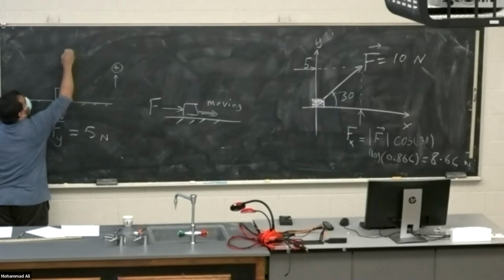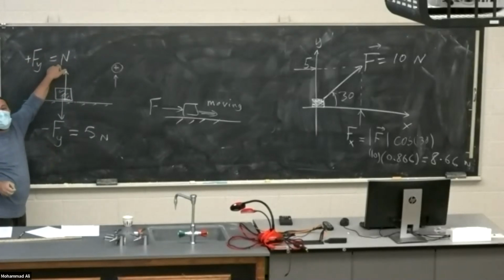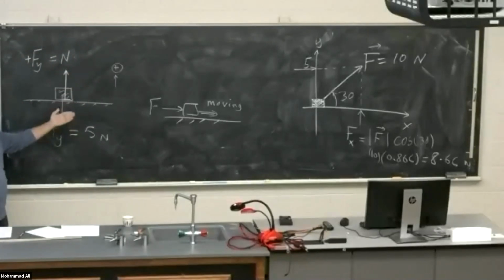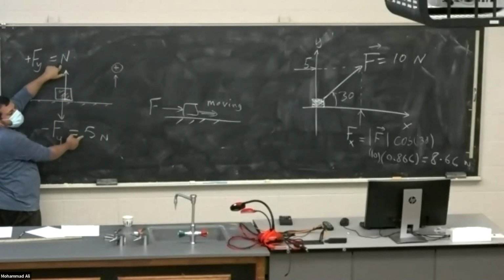We can name it Fy in positive direction. We can name it the normal force. It is upward or normal to this surface. It prevents that object from going down through that surface. But now, how much is this force? If this one is 5, how much is this?